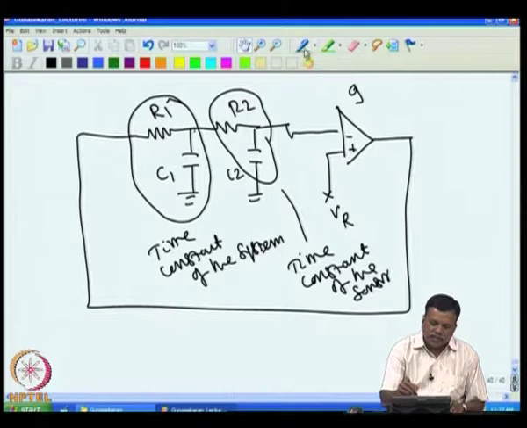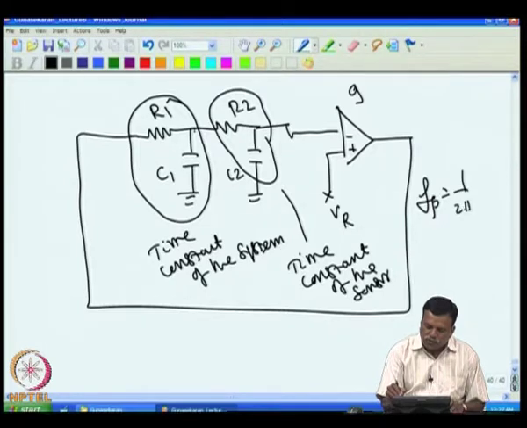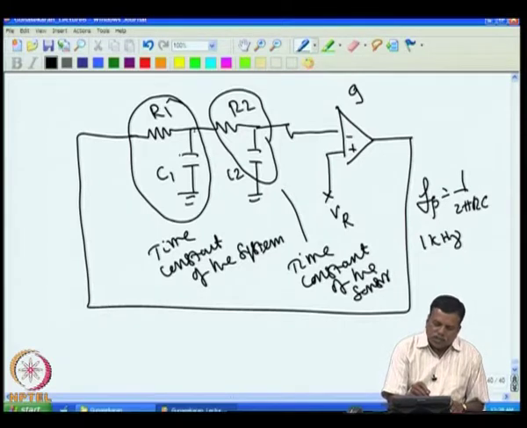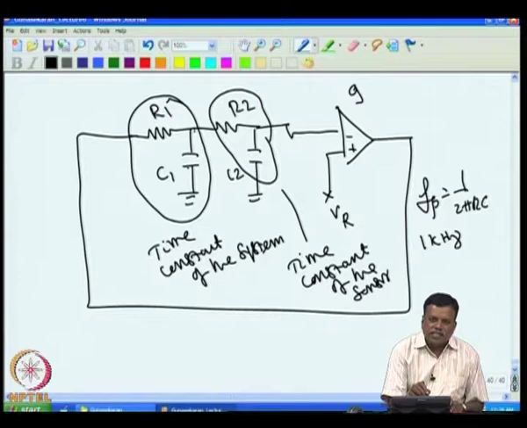For example, the pole frequency is f equals 1 by 2 pi RC. If the pole frequency, for example, is 1 kilohertz, that means at 1 kilohertz it will give you a 45 degree phase shift. Then at 10 times the pole frequency, say at 10 kilohertz, the phase shift will become 90 degrees.